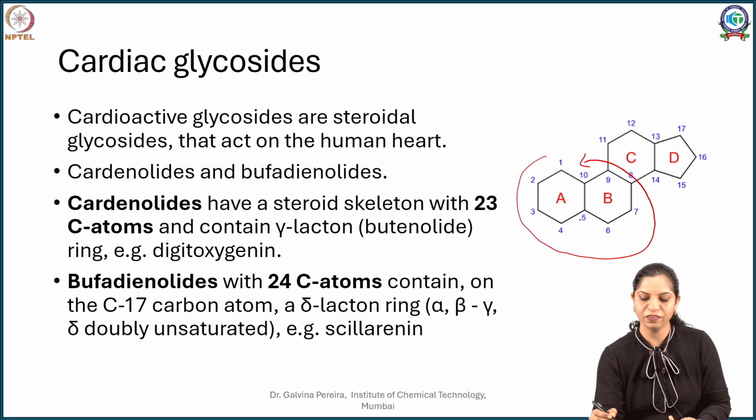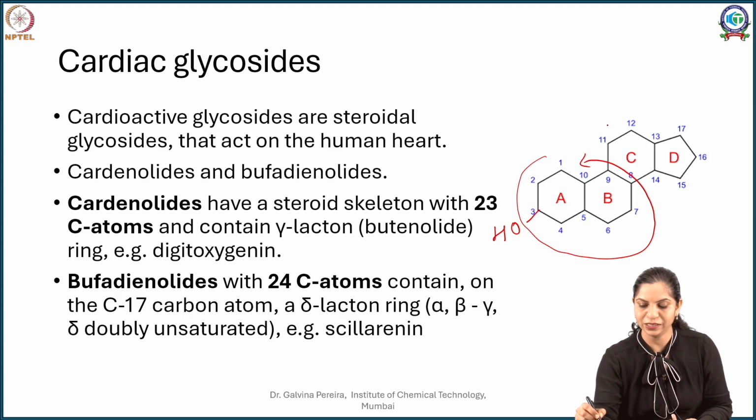Naturally, many sterols have a hydroxy group present at the third position. So, 1, 2, 3, 4, 5, then 6, 7, 8, 9, 10. Your ring A and B is a 10-carbon ring system with shared carbons, carbon number 5 and carbon number 10. When you go to ring C, the numbering happens in a slightly different manner.